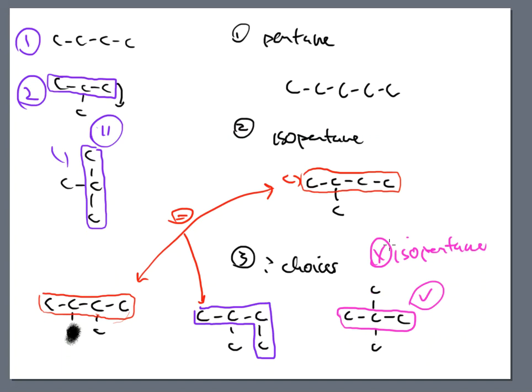A structure can have multiple ways that we name it. But when I look at a name as a chemist, as someone working in a lab, that name should only represent one structure. That's it, no more. So for that reason, this is not called isopentane. We have to call this a different way.